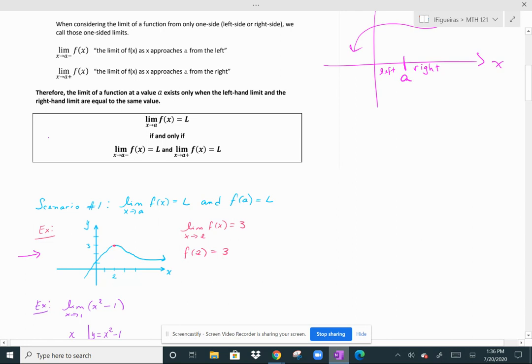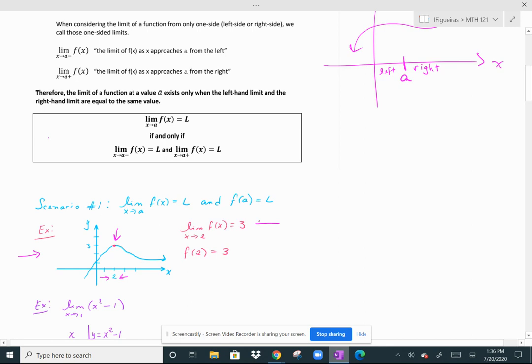Suppose you want to evaluate the limit as x approaches 2. Well, as I get closer to 2 on the left side and the right side of 2, when I say close, I mean like within a decimal from 2, or 100th of a decimal, so very, very close to 2, then you can see that your function value is approaching this value up here, which corresponds with the number 3.